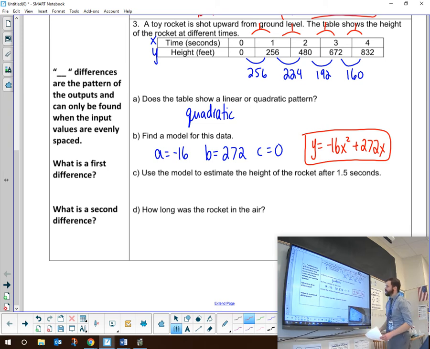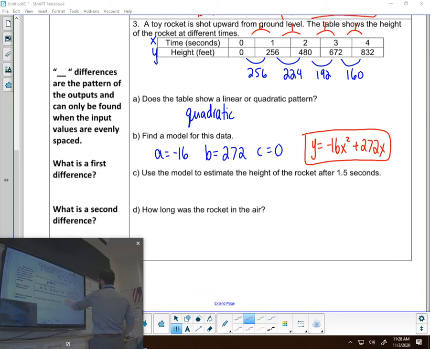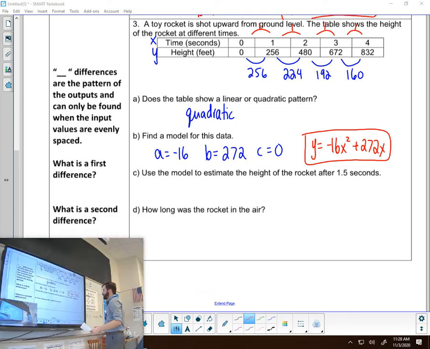But now I can use this equation to estimate the height of the rocket after 1.5 seconds. To do that, x represents the time, y represents the height, right? So I can take that 1.5 and plug it in for x.